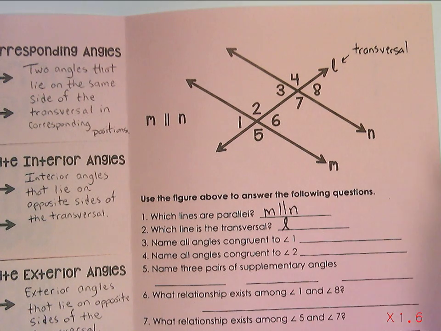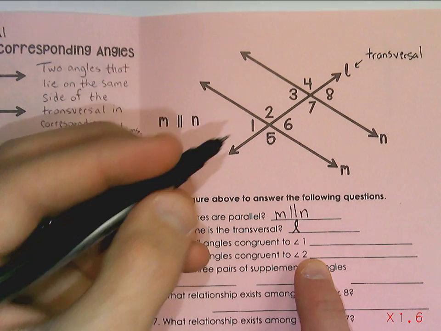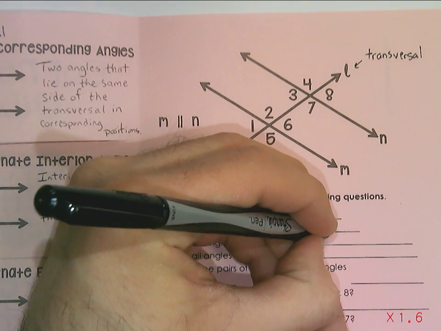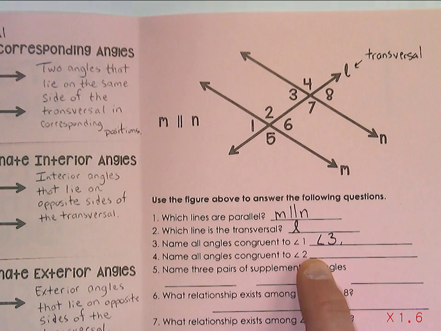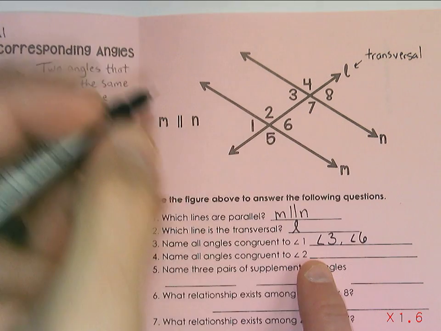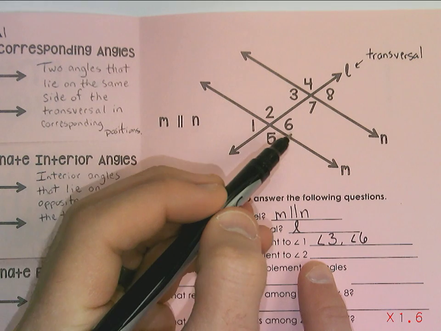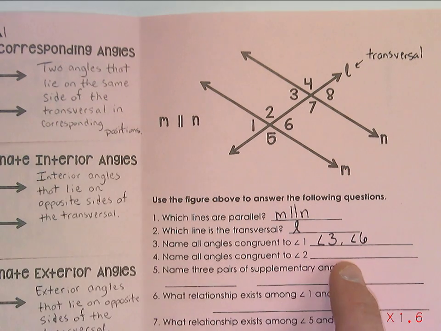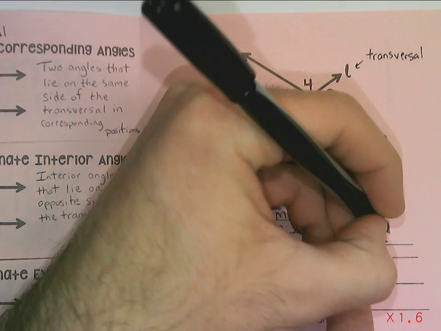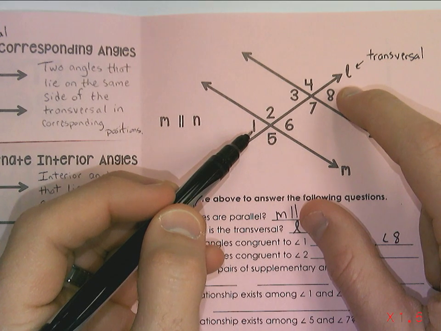In this case, the angles that have the same measurement as angle 1 are going to be angle 3, angle 6, which is a vertical angle, which we'll get to here in a little bit, and angle 8, which would be an alternate exterior angle.